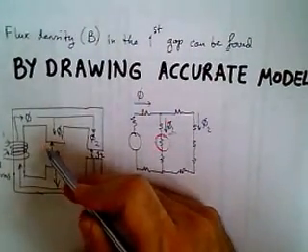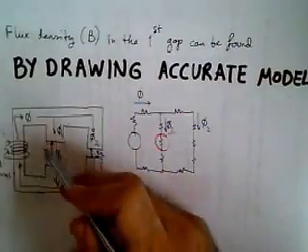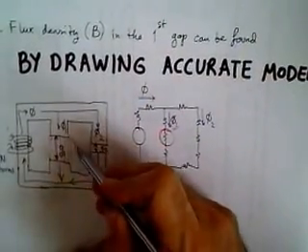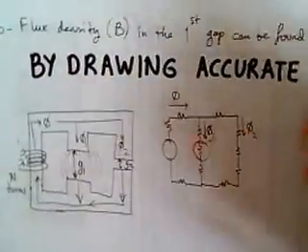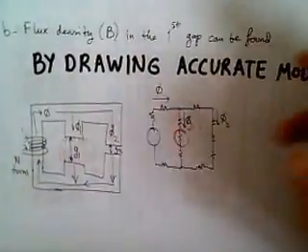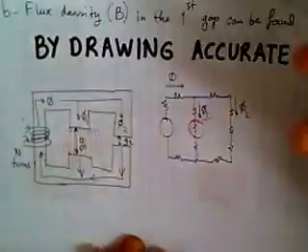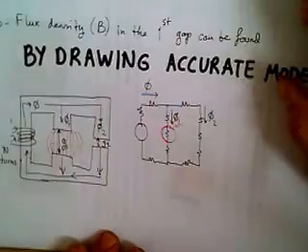And of course, the flux does not travel perfectly, rather fringing occurs. So you may make some assumptions that, due to this fringing, the cross-sectional area on average increases by 10% or whatever. So you can calculate the B field accordingly.